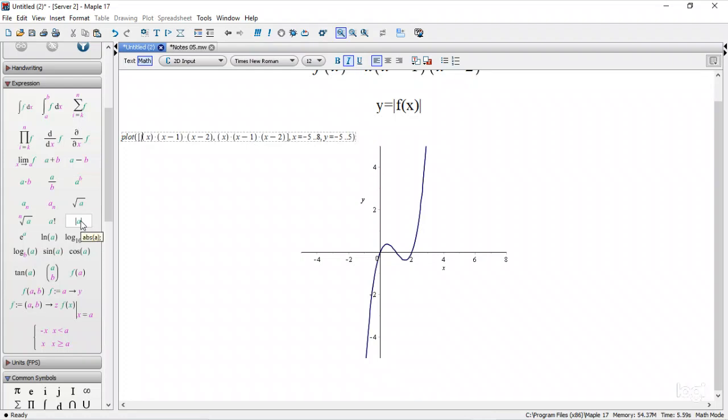So you can think about what kind of graph you are going to expect.